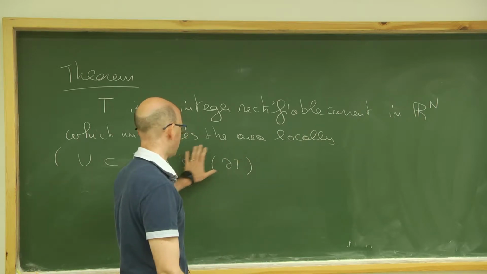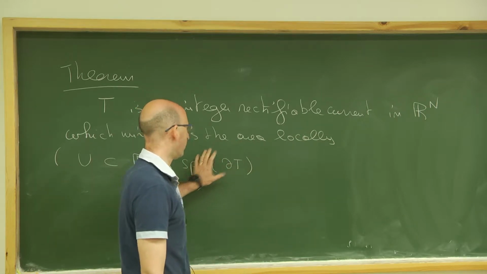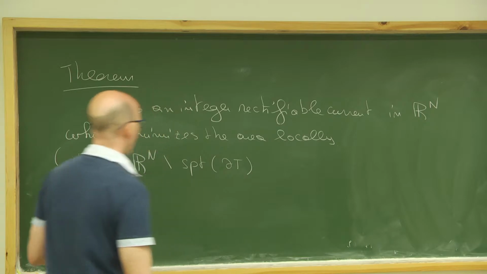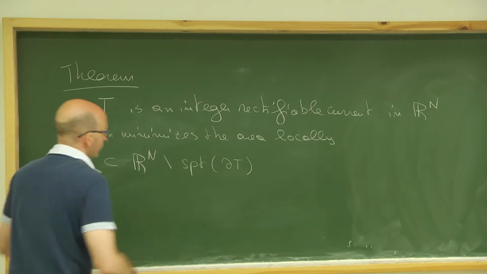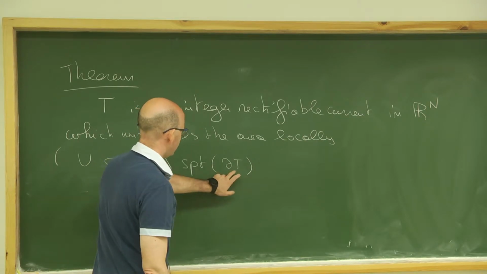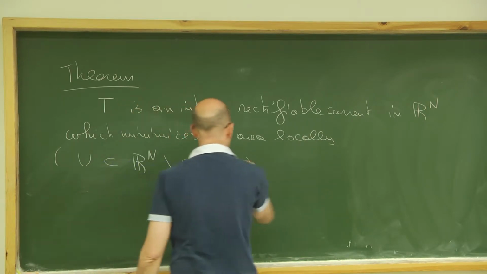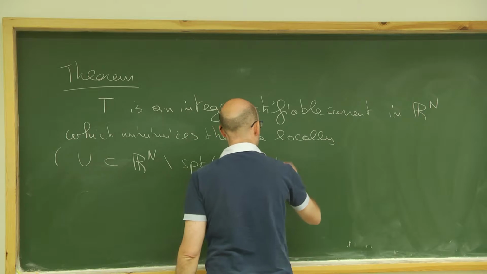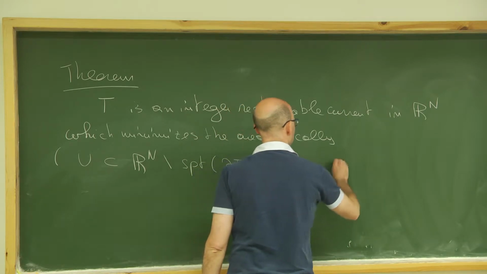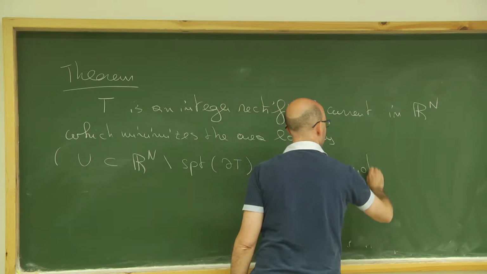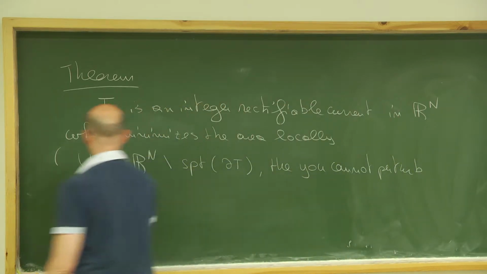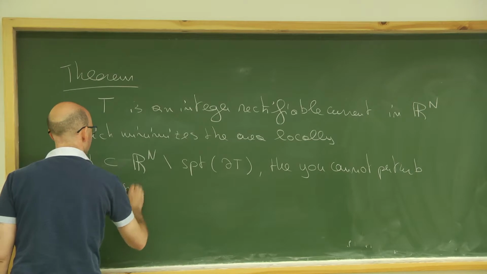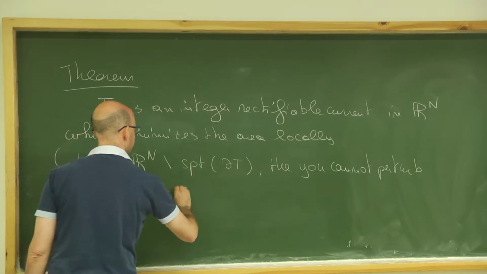Essentially this is the smallest closed set outside of which this guy vanishes. So if U is inside, then you cannot perturb T inside U and lower the area.